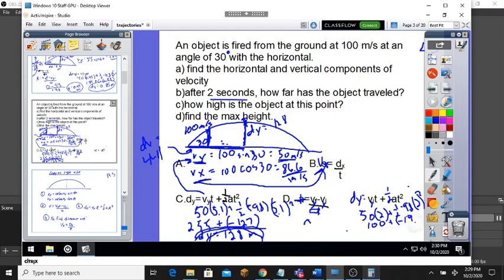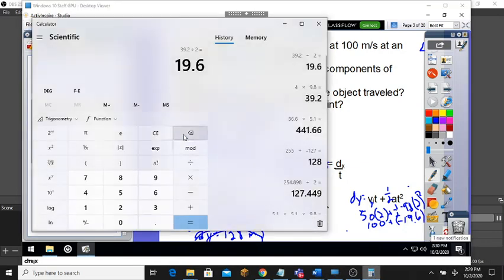So then I'm going to add those two numbers up. 100 plus negative 19.6 gets me 80.4.